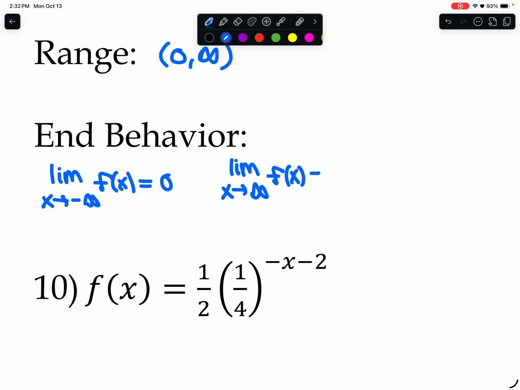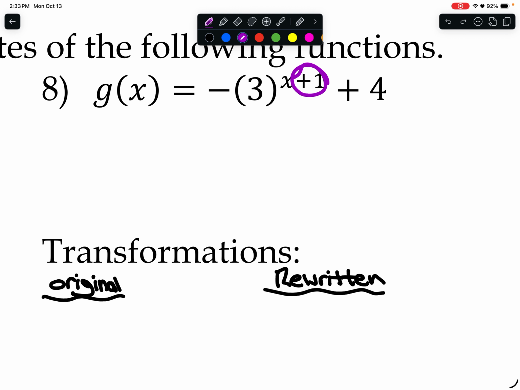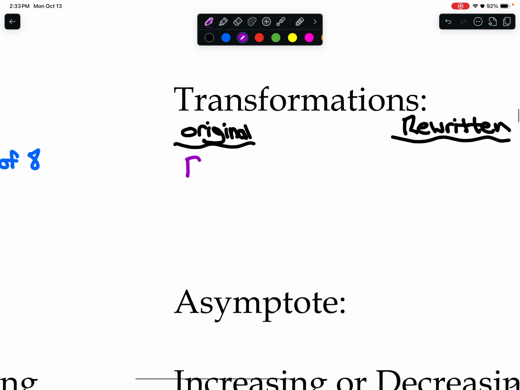So I'm going to start with the original. We have a reflection over the x-axis, left 1, and then up 4. So a reflection over the x-axis, which I'm going to shorthand as r sub x, and then left 1, and then I also have up 4.